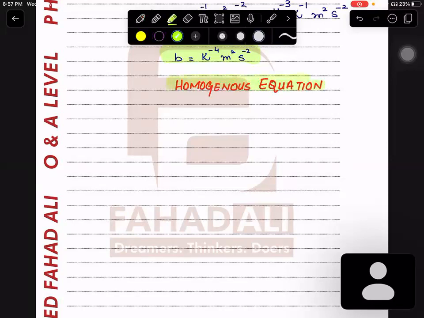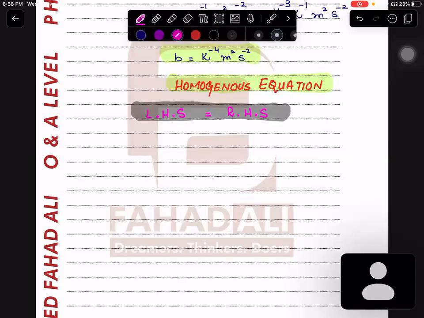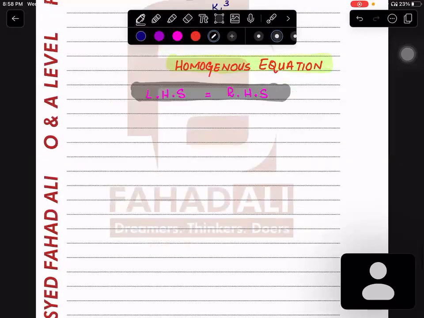This is the thing in which our target is to see that the base units of the left hand side become equal to the base units of the right hand side. Is this clear? Yes sir, Aiza and Musaf.